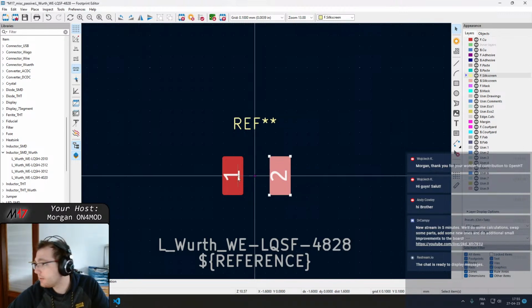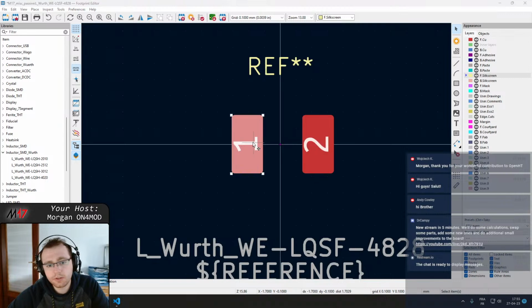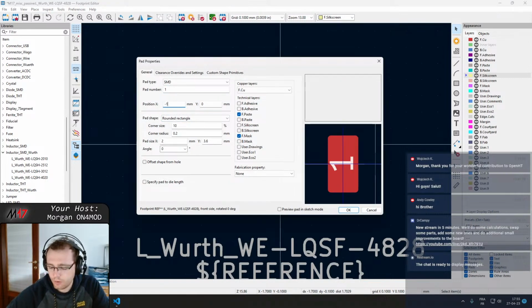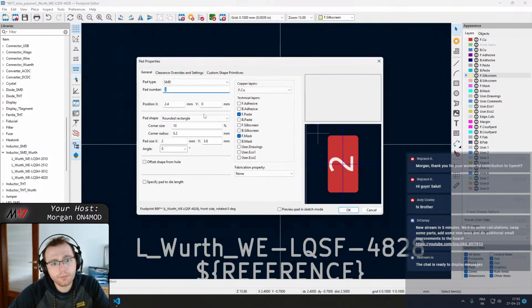And the spacing between the side of the pad and the center of the footprint is 0.7, so it should be at minus 1.7 millimeter and plus 1.7.